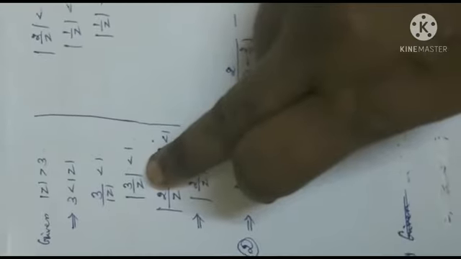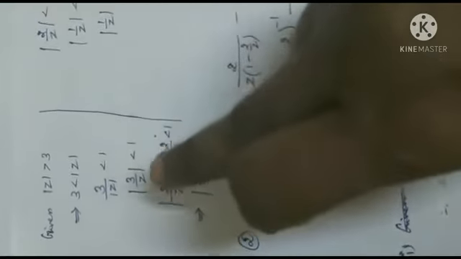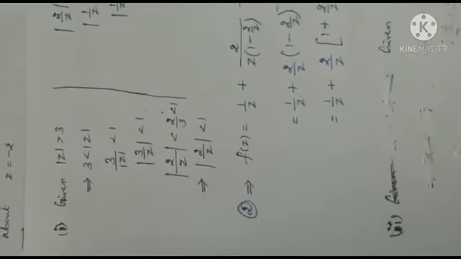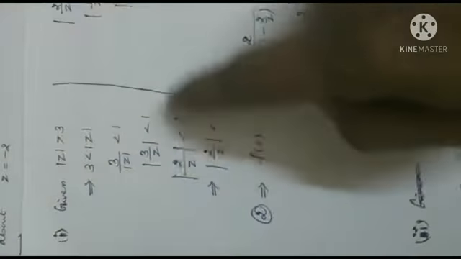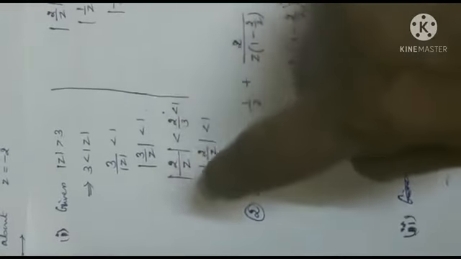So let us do this: when 3 by z is less than 1, let us multiply both sides by 2 by 3. 2 by 3 is less than 1. So this part is ready now.